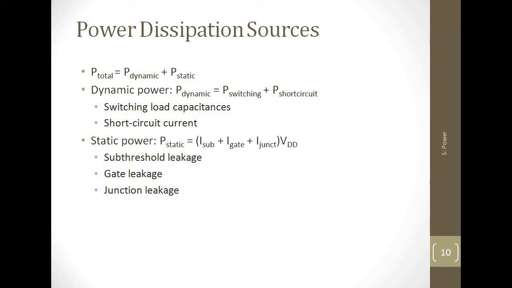Dynamic power, we have seen, is due to the switching of the transistors, switching load capacitances, or due to short circuit currents, whereas static power is due to the leakage currents. The leakage currents are subthreshold leakage, gate leakage and junction leakage.